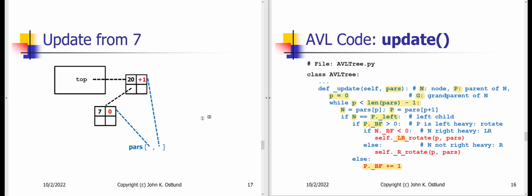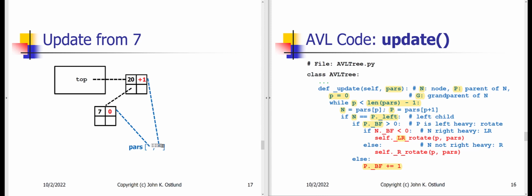So following the update, here's what we've got. This pars that comes into our update function consists of the newly added node, the newly allocated node, in a list concatenated with the list of all of the ancestor nodes.